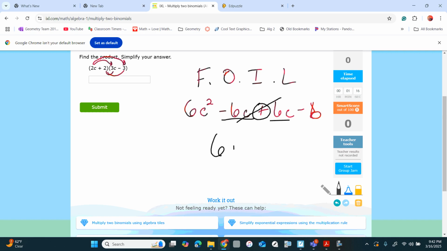So we have 6c squared minus 6, okay? So we're going to go in there and type that. We can use this little button here to get to that exponent. Minus 6, and we're going to submit.